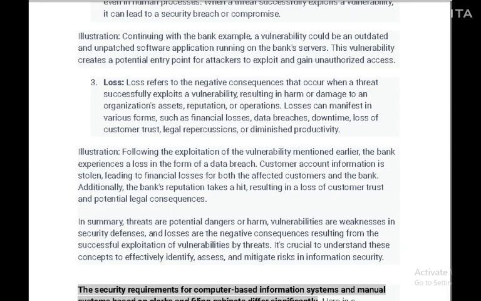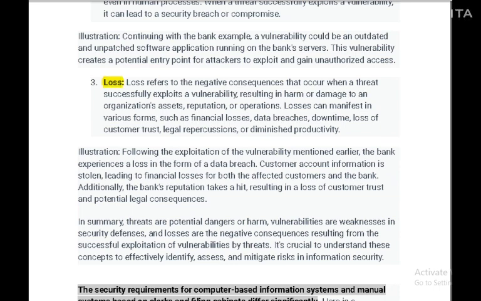If we consider the same example of the bank's security system, a vulnerability could be outdated and unpatched software applications running on the bank servers. This vulnerability creates a potential entry point for an attacker to exploit and gain unauthorized access.